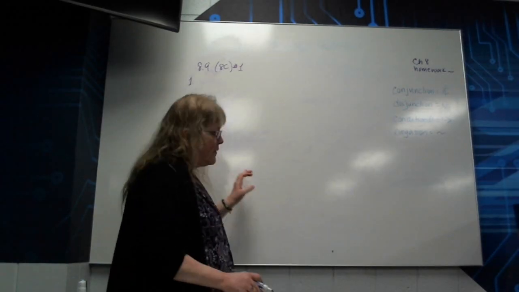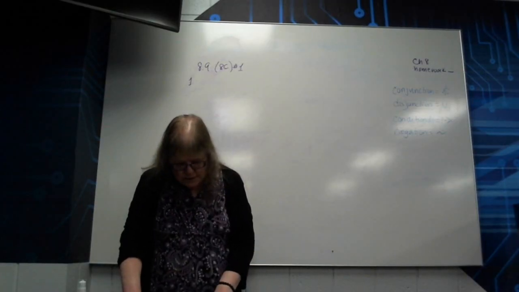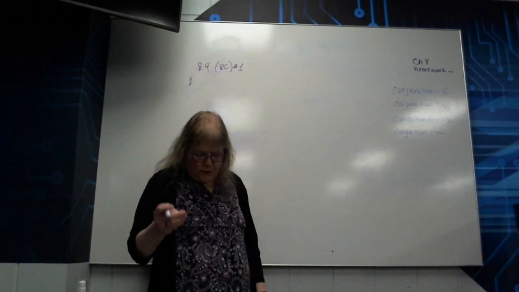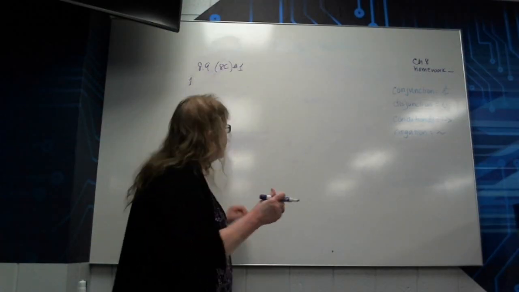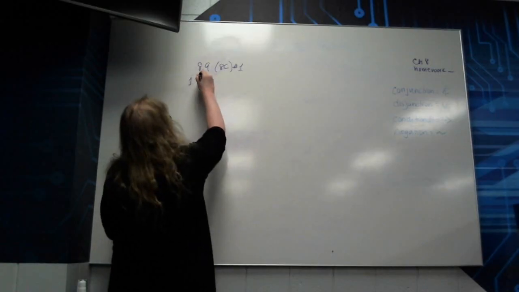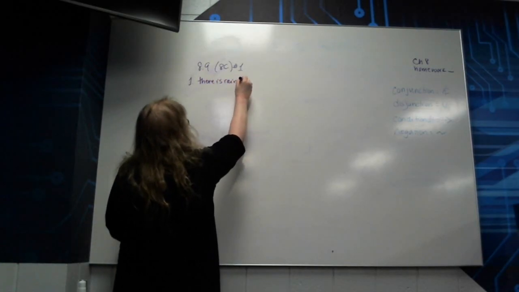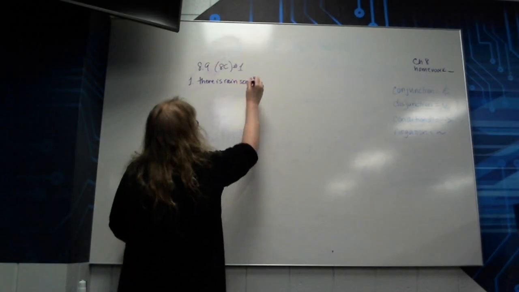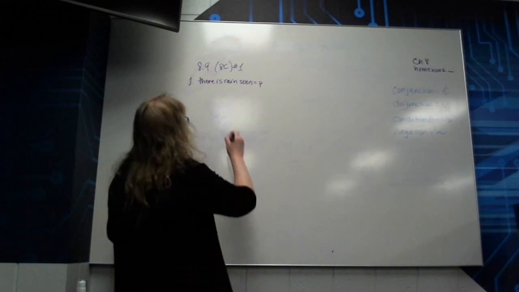So, my first one says, if there is no rain soon, the crops will die. So the first phrase I run into is rain soon, okay? That's my P, okay? And the crops will die.